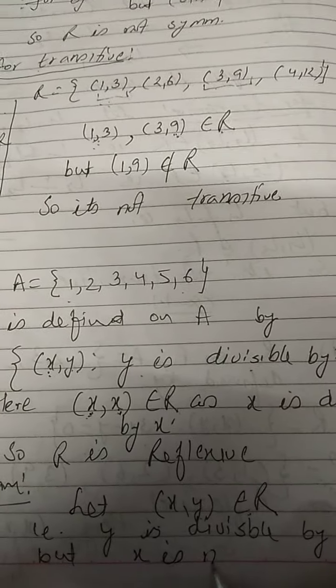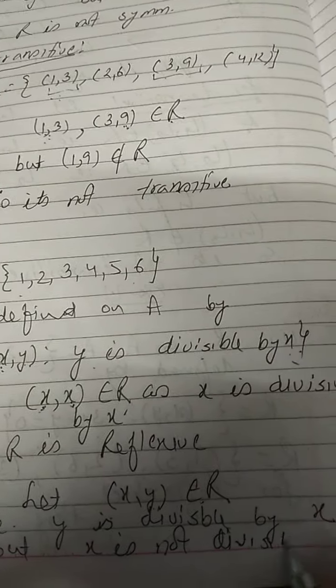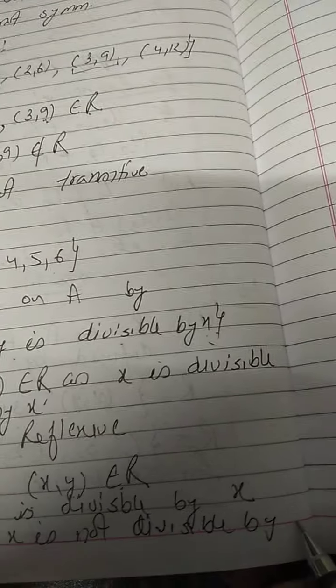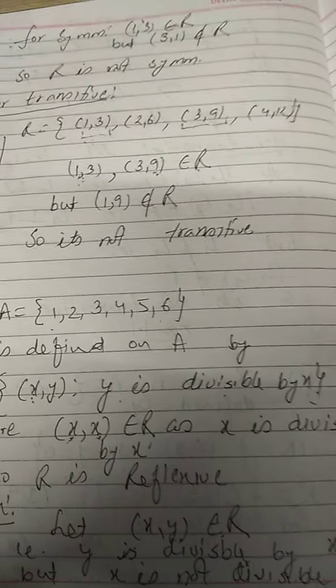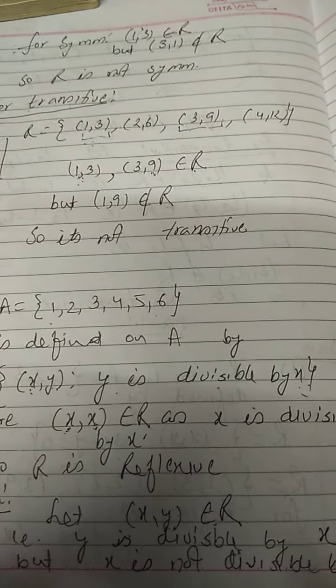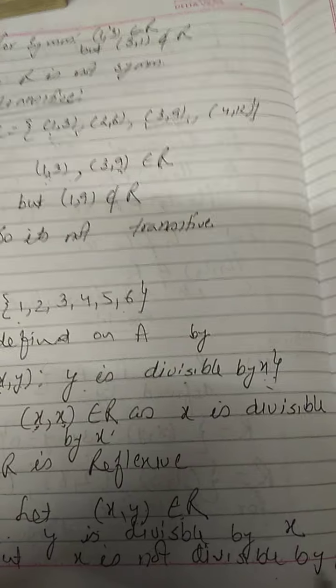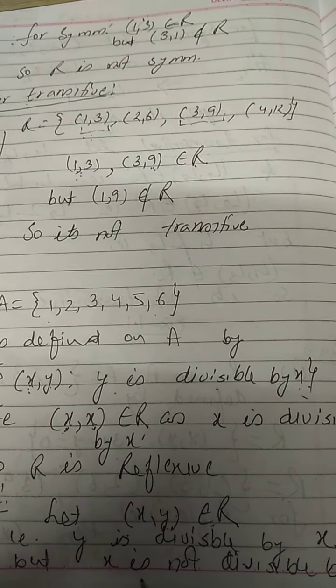But x is not divisible by y. Now see, I am giving one statement here. If y is divisible by x, it doesn't mean that x is also divisible by y. If I am giving such a statement, I have to prove the statement.